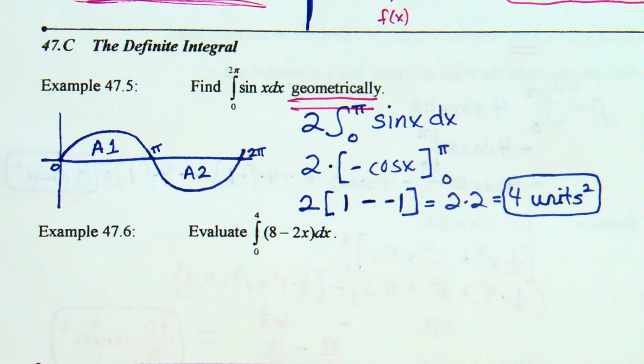Okay. Now, again, I put the other order. I just want to prove to you real quick and put it in writing. If we had just worked this out without looking at the graph.